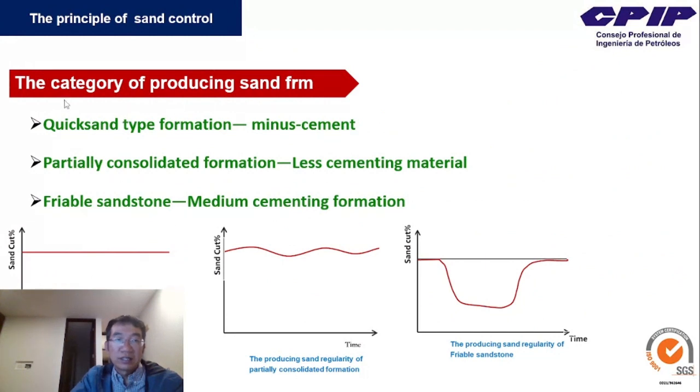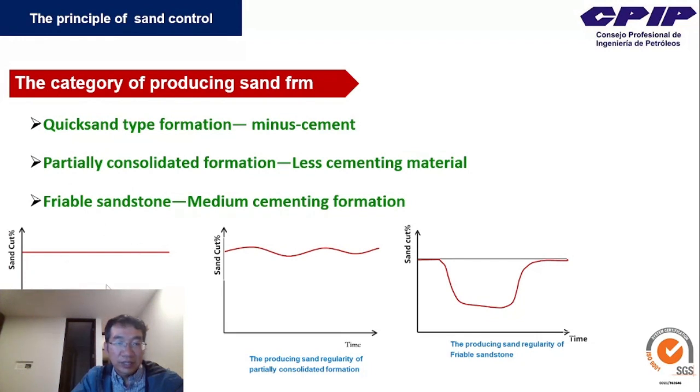You can see the categories of sand producing formations. Quicksand type formation has minor cement, and the second is particularly consolidated formation with less cementing material. And the third one is friable sandstone, a medium cementing formation.